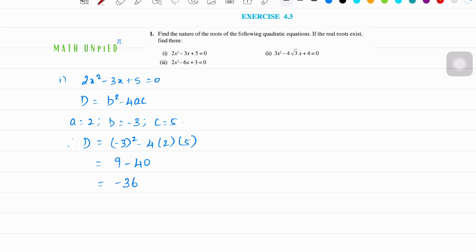From the value of D we can determine the nature of the roots. So we'll write it. If D is less than 0, no real roots exist. If D equals 0, we'll have two equal roots.